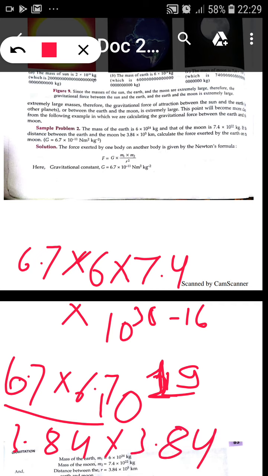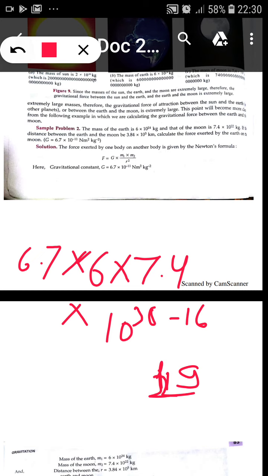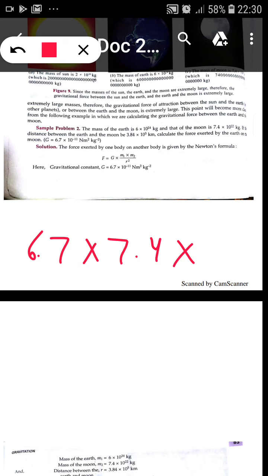You just have to multiply 6.7 first, then you just have to multiply 3.84 together, then you can write the values, and then you can divide. That is 6.7 into 6.7. We have already multiplied that in the first numerical also. That's 6.7 into 7.4 into 6.